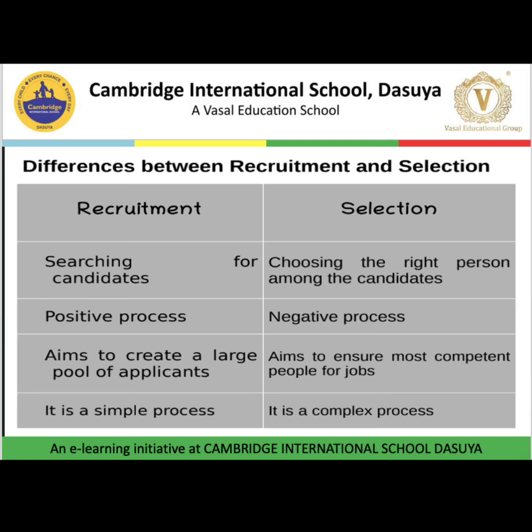Recruitment, it is a simple process. Selection, it is a complex process because with the help of different steps given in the selection process, we need to perform one by one and we need to evaluate the competency of a potential candidate.